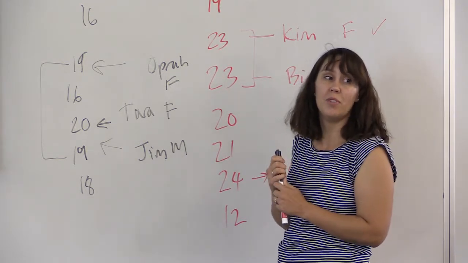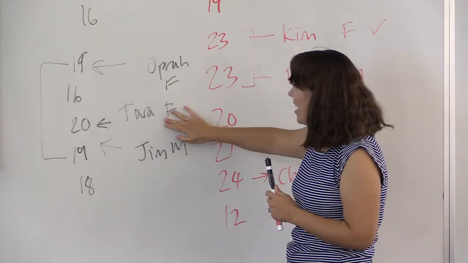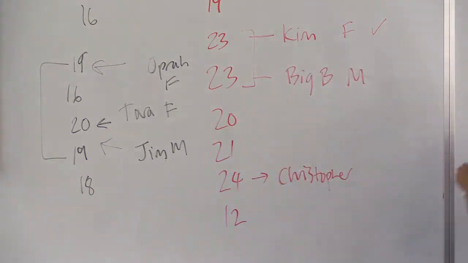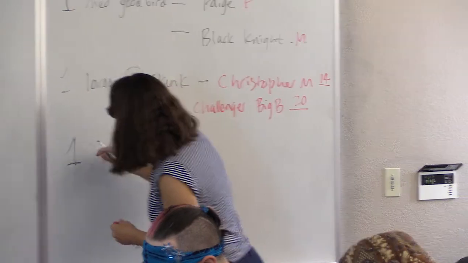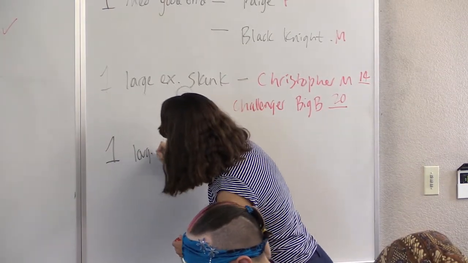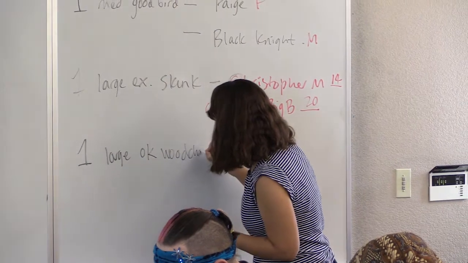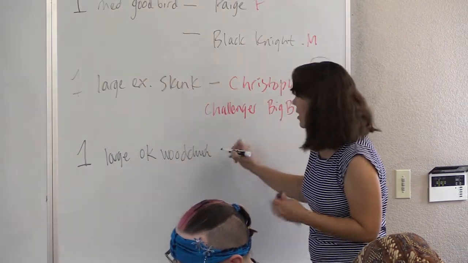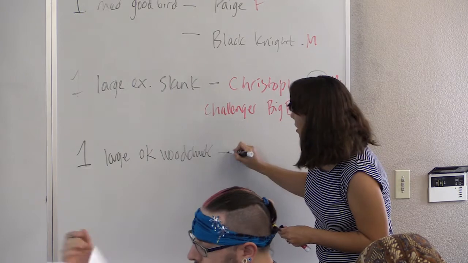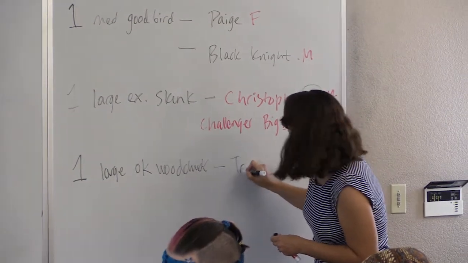Move on, move on. All right, so now Tara has the one large woodchuck, because you only were on level 2, so that's okay. It's not great.